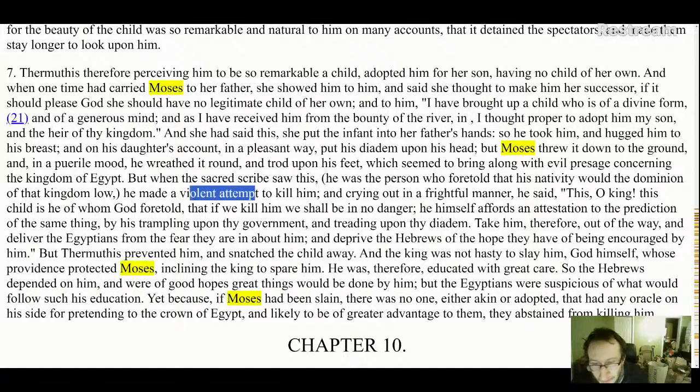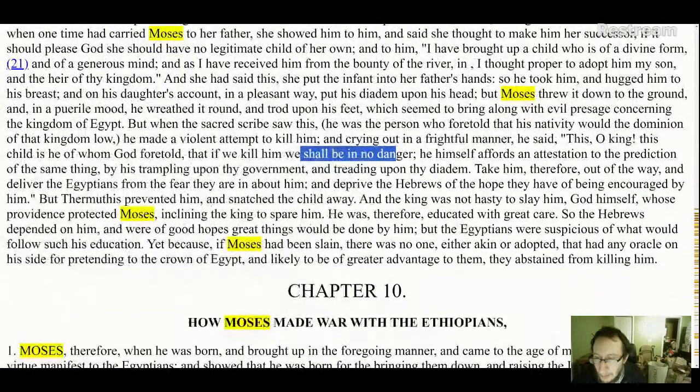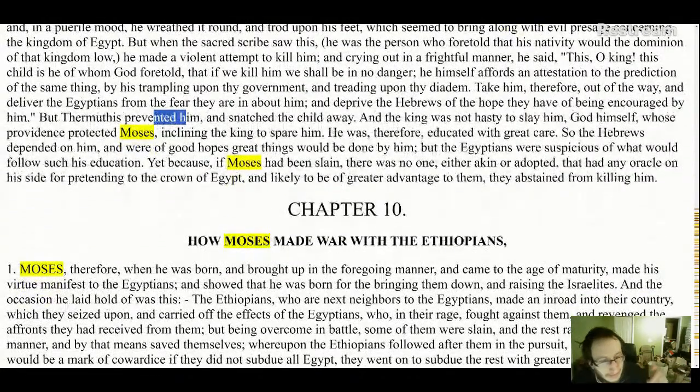So the scribe made a violent attempt to kill him, saying, "This, O king, is the child of whom God foretold that if we kill him, we shall be in no danger." But Tharmuthis prevented him and snatched the child away. So again, this whole thing is not in our copies.